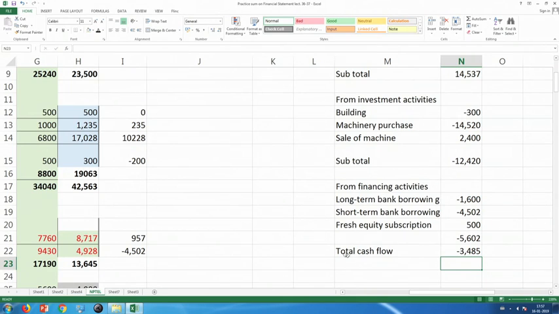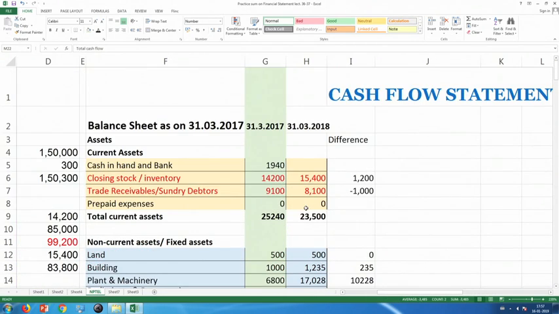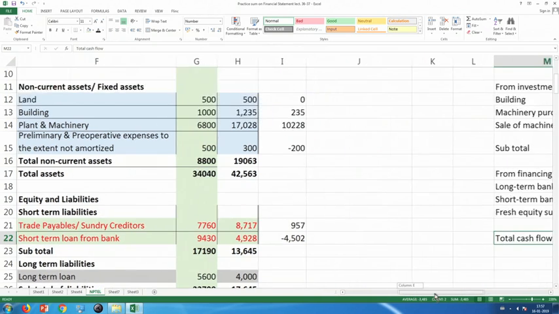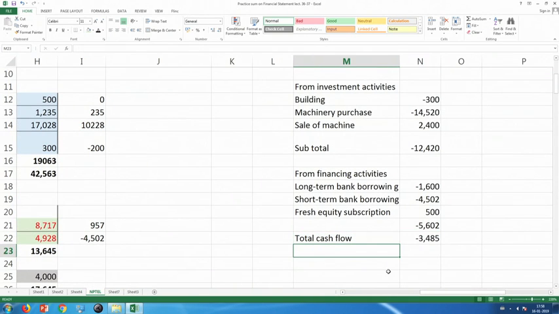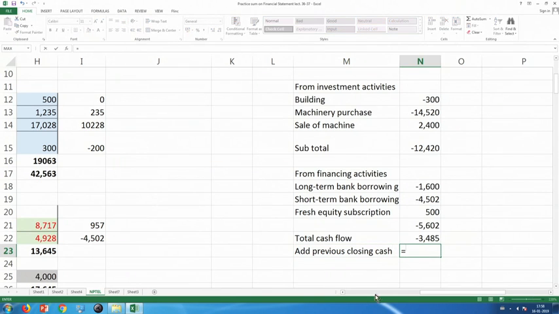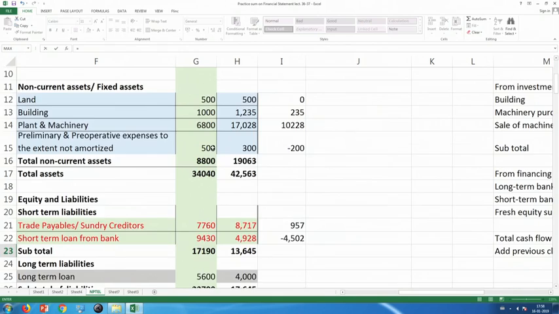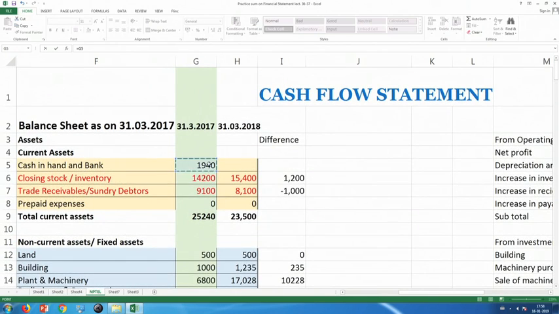Now, let us see, to the total cash flow you have to add back the previous year's cash. So, previous year's cash was 1940. So, add previous year's closing cash. So, this is equal to 1940.